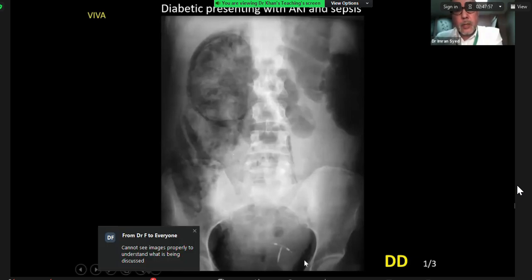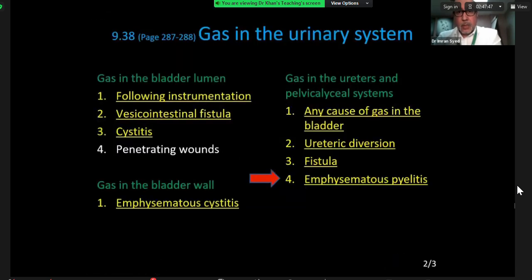Additionally, as you quite rightly say, there is gas seen laterally within the pelvic sidewall, and contextualize this with an IUCD device in situ. Okay, so in this context, this was emphysematous pyelitis, and this is in keeping with gas in the urinary system. Okay.